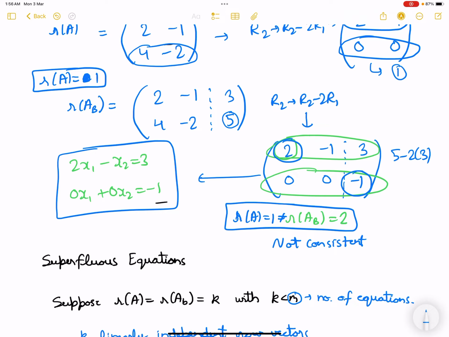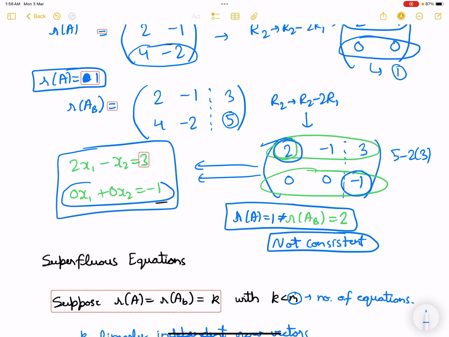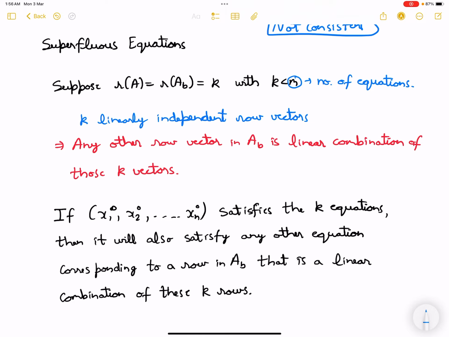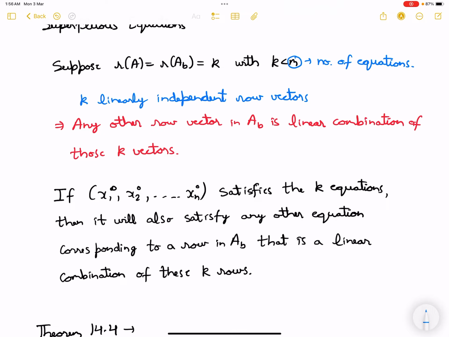Because of this we have an equation that is never satisfied. So we can see in this case the system of equations is not consistent. Okay, we'll solve a few questions related to it, and then it would make things more clear.